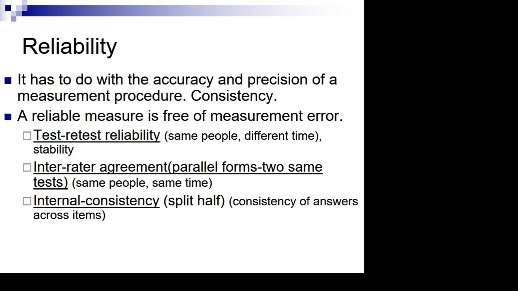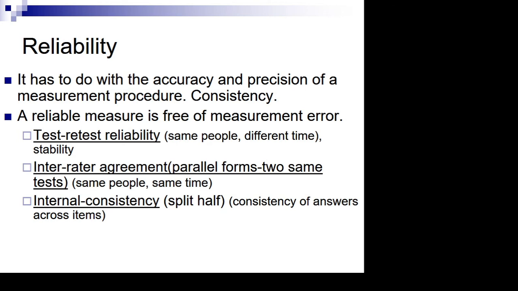Administer it to a sample of customers today. And then after a gap of 15 days or 30 days, try it again on the same sample. So you will have two databases. That's how you conduct test-retest reliability. When you have two databases of the same people at two different times, you can run this reliability test.